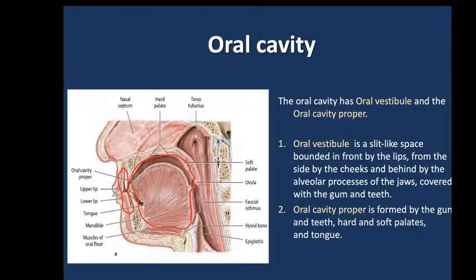The entrance to the oral cavity we call the oral fissure. But the outcoming part is the fauces, or faucial isthmus, which is between the tongue and the soft palate.